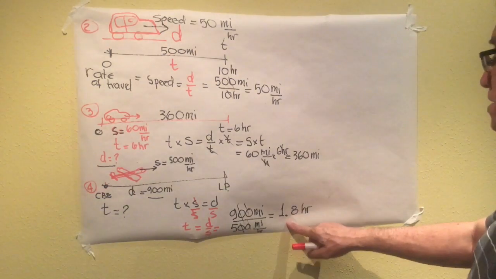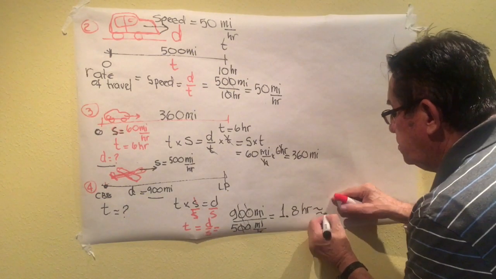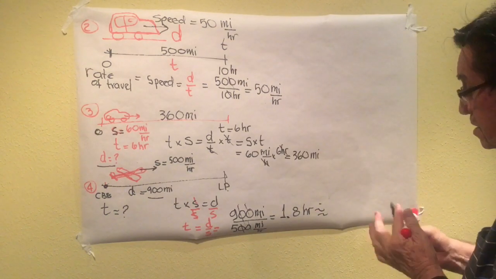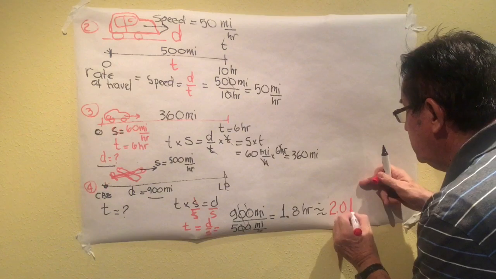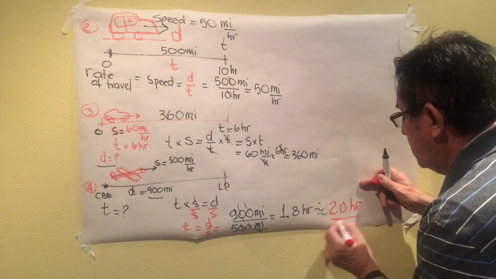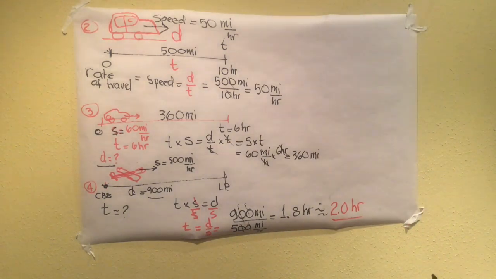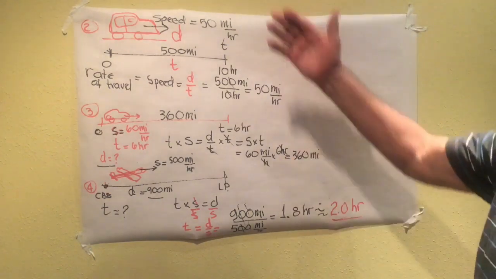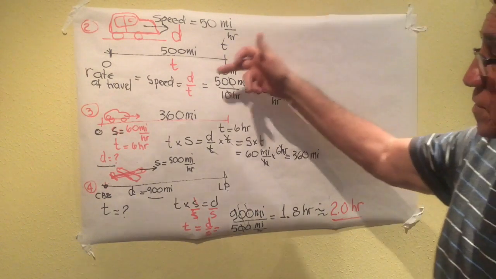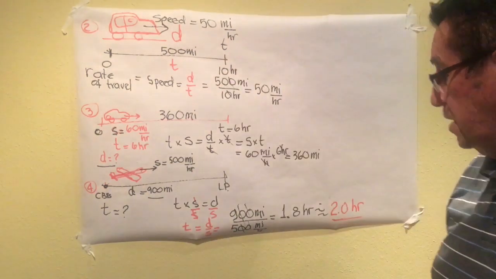So that means that it's very, very close to how much? To 2 hours. So I can round it to 2 hours, more or less. Okay? Well, this is the way we can find speed units, distance units, and time units.